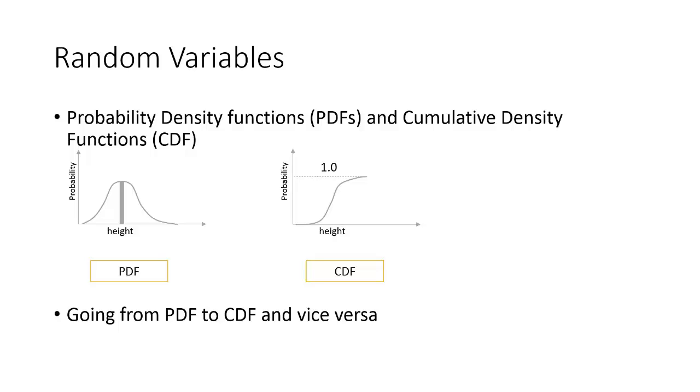It would be helpful for you to know that the easiest way of getting from a PDF to a CDF and a CDF to a PDF is, from a PDF to a CDF, you would essentially want to integrate. For those of you who used integration in high school or have heard of the term integration, that's that symbol that looks like this, and the idea is that integration covers this core concept of area under the curve.